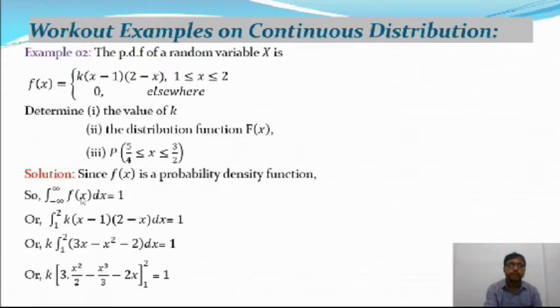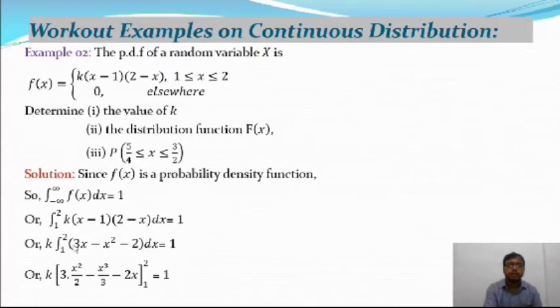So this integral reduces to the integral over 1 to 2 of k into x minus 1 into 2 minus x into dx, and it is equal to 1. Since k is a constant, after multiplying these two factors we get k times the integral of 3x minus x square minus 2 into dx is equal to 1.